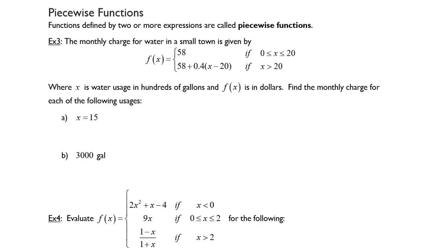Now notice that the input is listed second in these functions, and I think that might be why many students struggle with this concept, because remember, your domain values are your input, and your domain values are listed second in this function notation for piecewise functions.